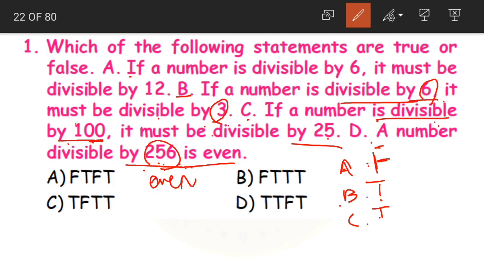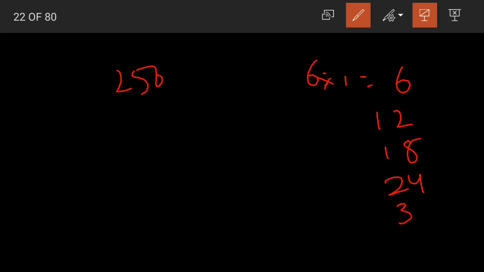What is it, children? It is an even number. If you look at the 6 table, we have 6 ones are 6, 6 twos are 12, 6 threes are 18, 6 fours are 24, 6 fives are 30.